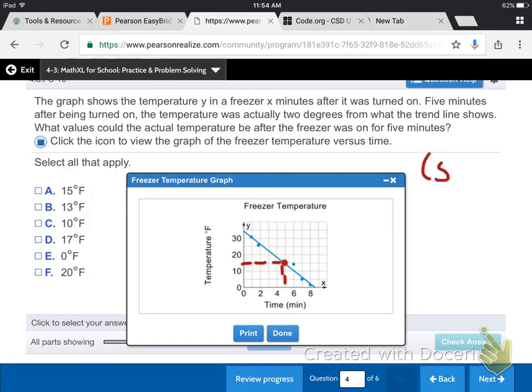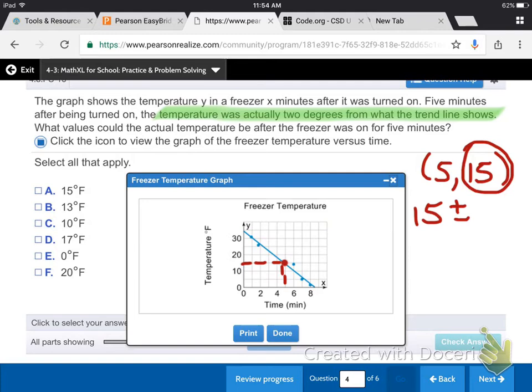So that point is 5 minutes at 15 degrees, right? Okay, but it says that the temperature was actually 2 degrees from what the trend line shows. So that means this number plus or minus, because it doesn't say more or less, plus or minus 2 degrees.